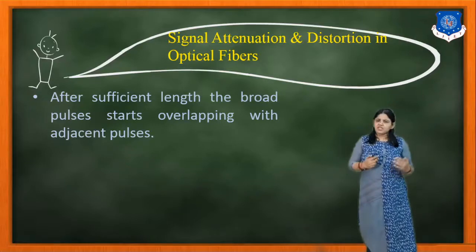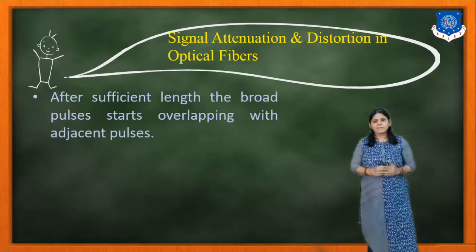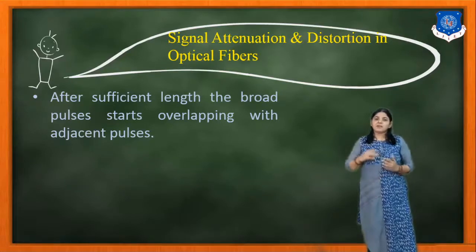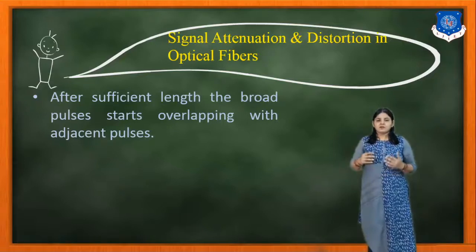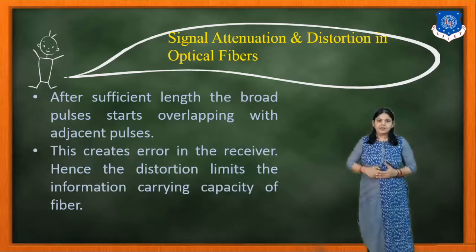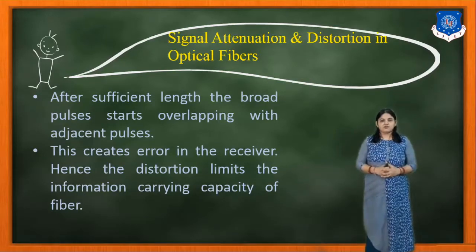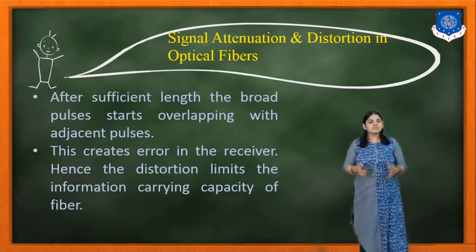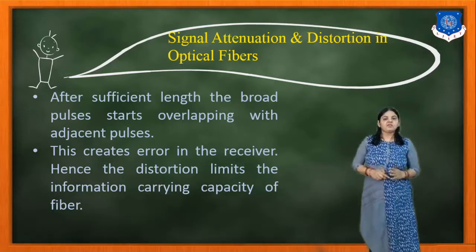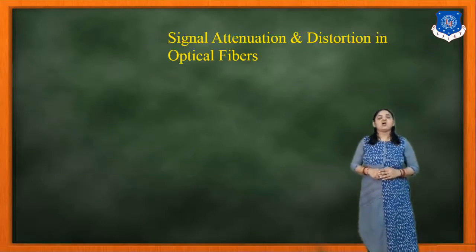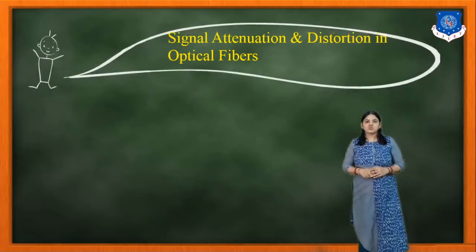Initially there is no overlapping between the two pulses, but after some distance they start overlapping, and this creates errors in the receiver. Hence, the distortion also limits the information carrying capacity of the fiber.